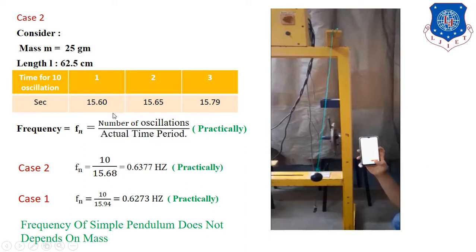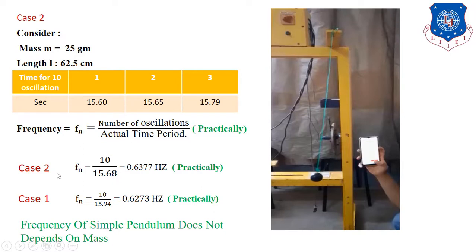We take the time period as the average of these three readings, and that is 15.68 seconds. And we know that frequency Fn is equal to the number of oscillations upon the actual time period. Here the oscillations are 10, so we place the value 10, and the actual time period is 15.68 seconds.